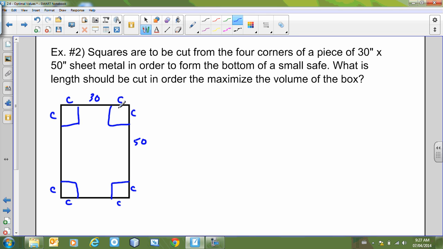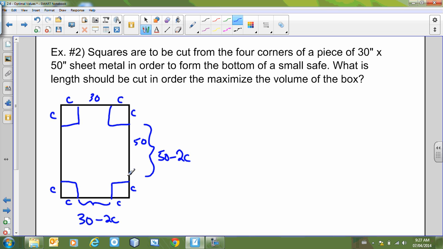And so now what I've got is a width of 30 minus 2C, this leftover part here. This leftover part here is going to be 50 minus 2C.